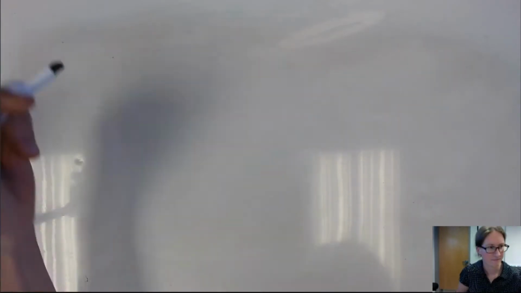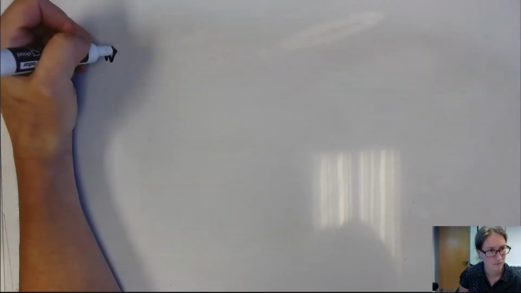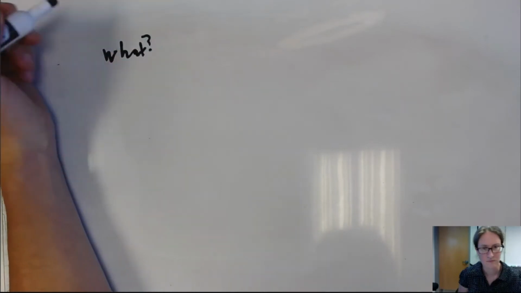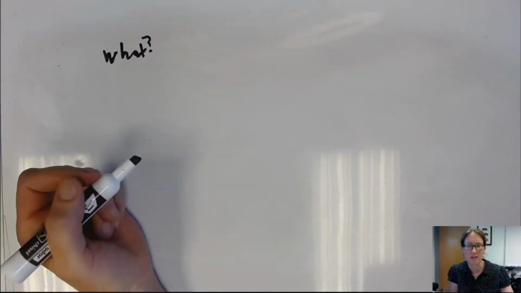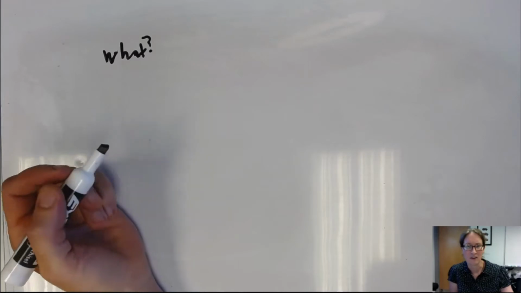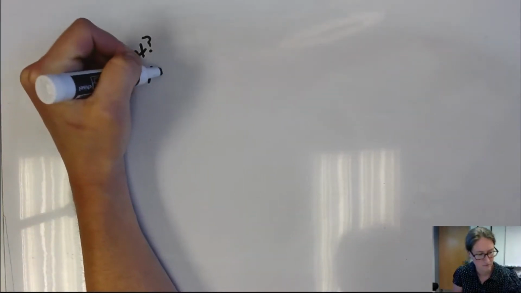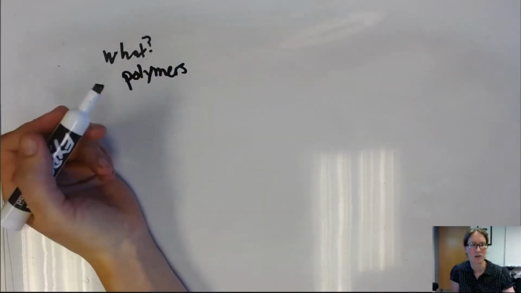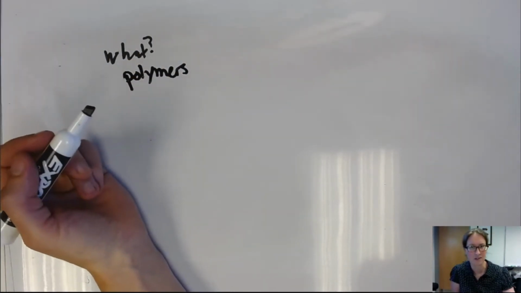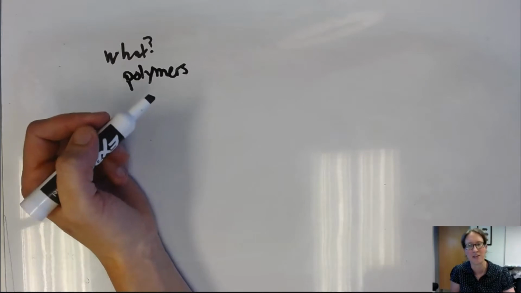So, what is it that we need to know about these molecules to have a good working understanding of cell function? So first off, we need to know what they are. Most of the substances we're going to talk about are found in cells as polymers. And polymer is just a term for a molecule that's composed of a bunch of repeating units.